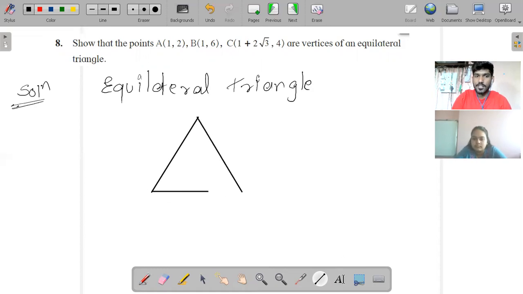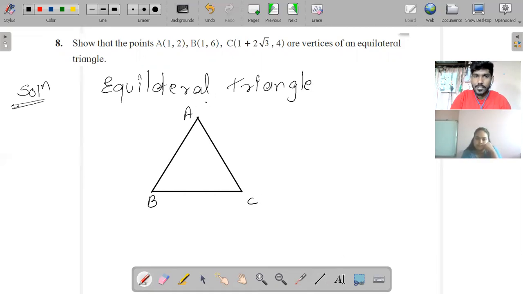All three angles in an equilateral triangle are 60 degrees, whatever the length of the side will be.